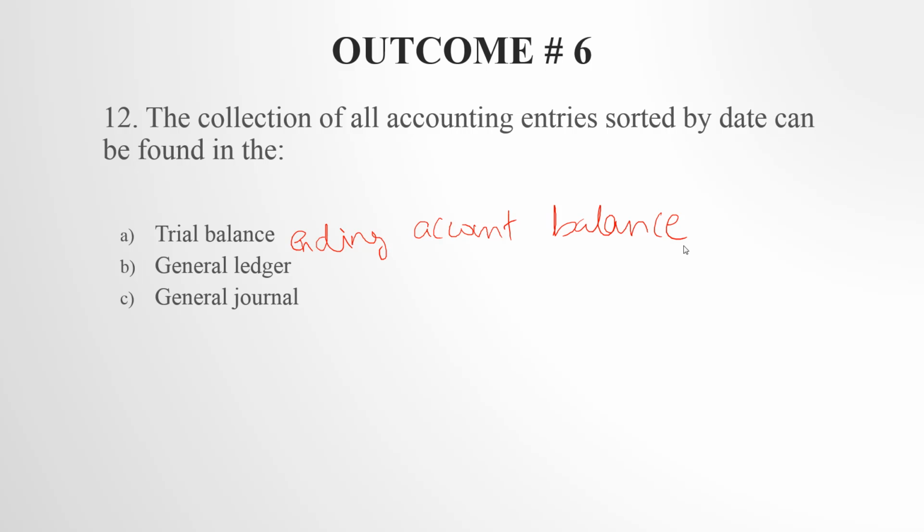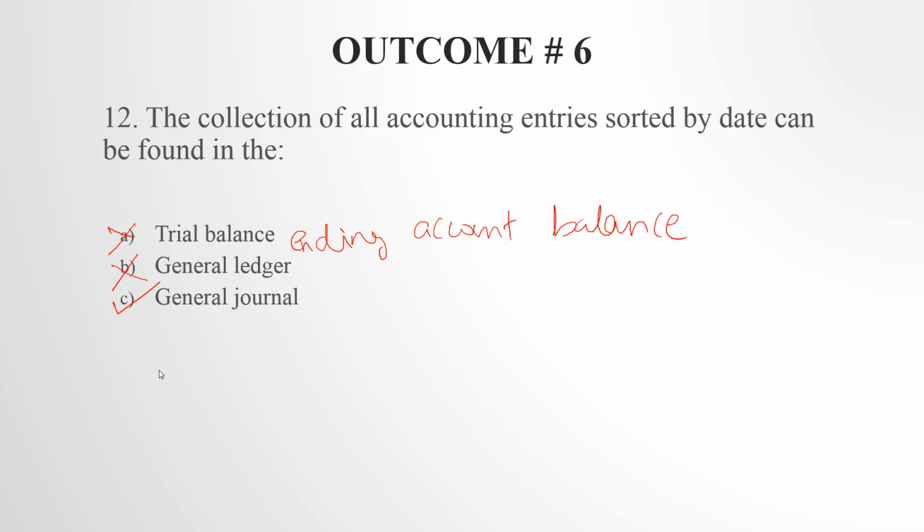It just provides the ending balance for different accounts as of a particular date. A is therefore wrong. The general ledger shows all the business transactions by account. It sorts all the entries by account rather than date, making B wrong. C, general journal, is the right answer. This sorts all the accounting entries by date.